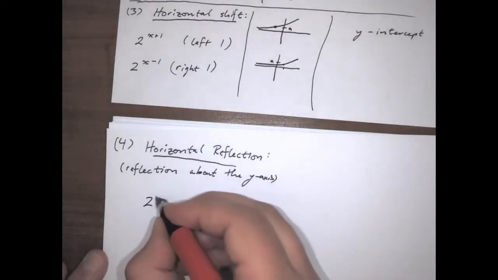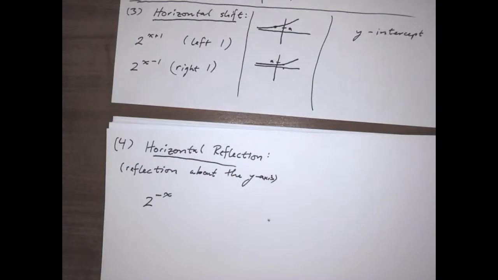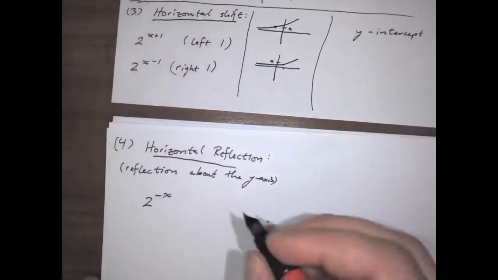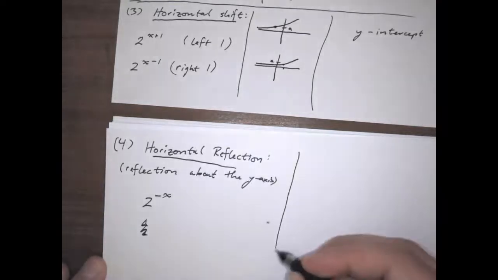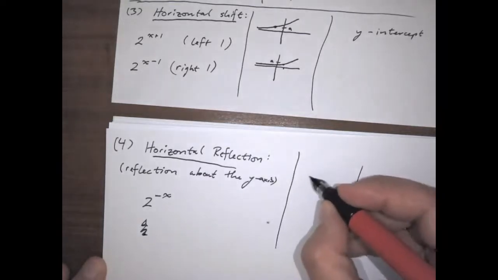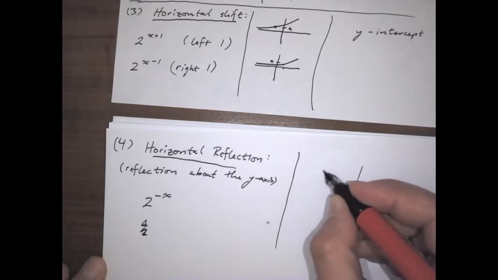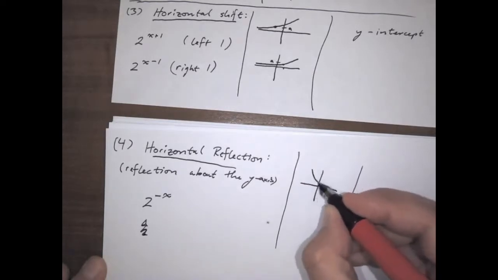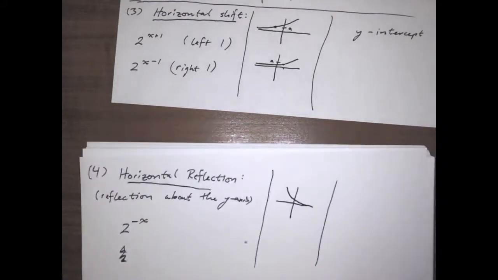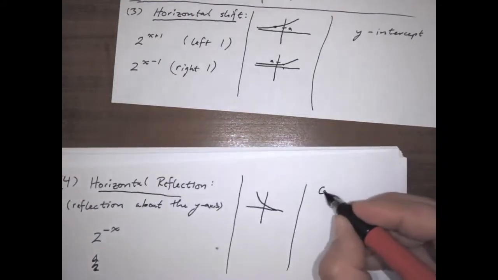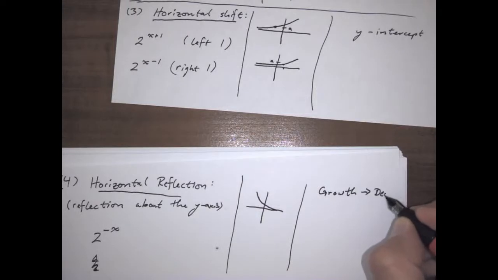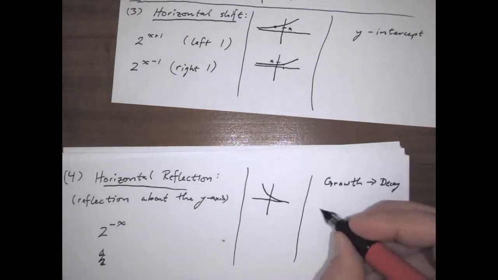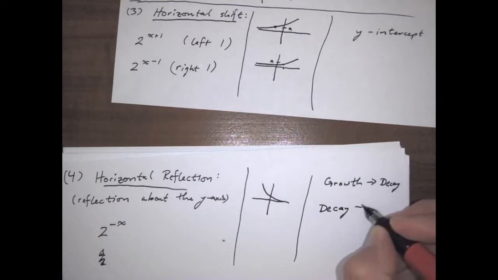And that has the graphical effect of a negative x on the formula. What that's going to be doing is taking the 2 to the x and running the tape backwards, which actually turns growth into decay and decay into growth. Growth becomes decay when you run the tape backwards, and decay becomes growth.